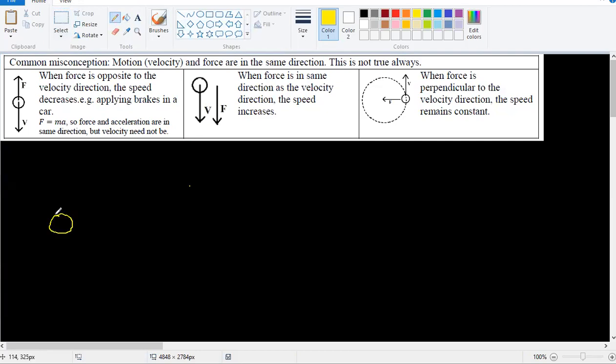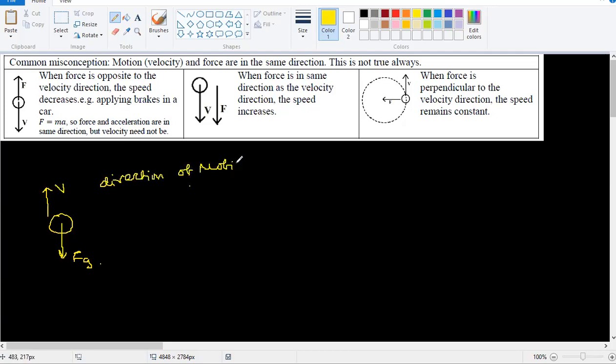So when the ball is thrown upwards, once the ball goes out of your hand, you are not giving any force, but the force of gravity is pulling it downwards. But the velocity is going upwards. This we call the direction of motion.